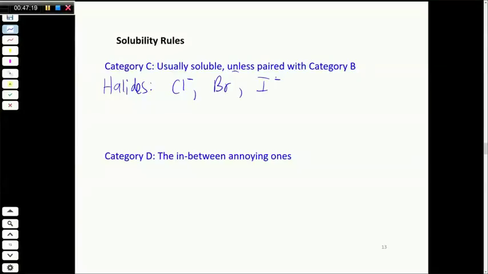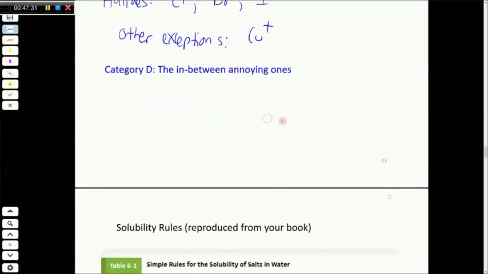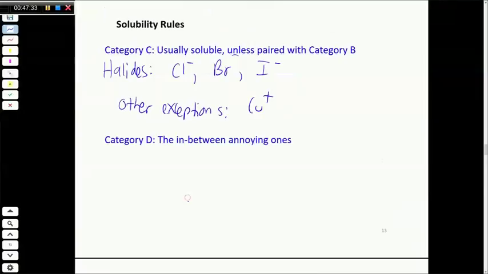And then there are a couple other exceptions to this. So most halides are soluble except for silver, lead, and then Cu plus, which is isoelectronic with silver plus, so not surprisingly it behaves the same way.